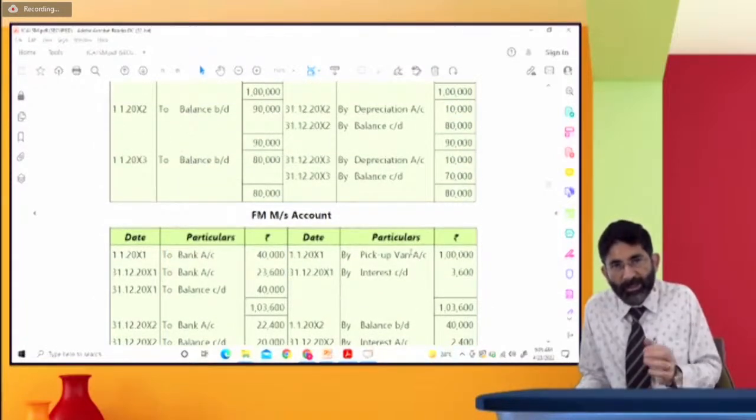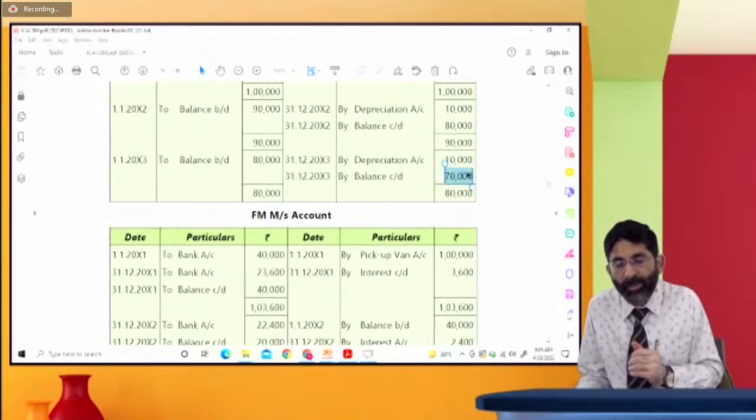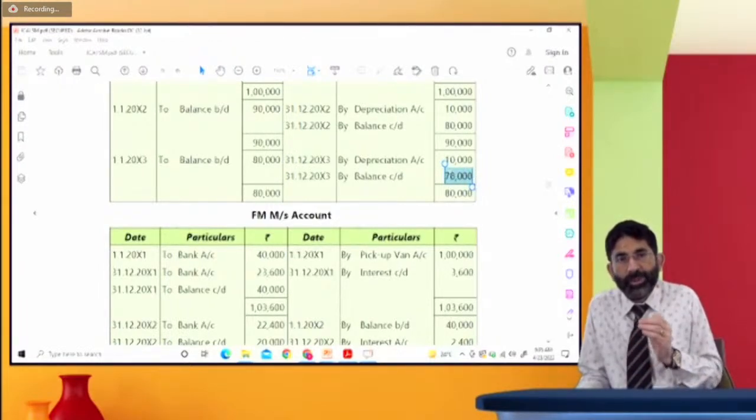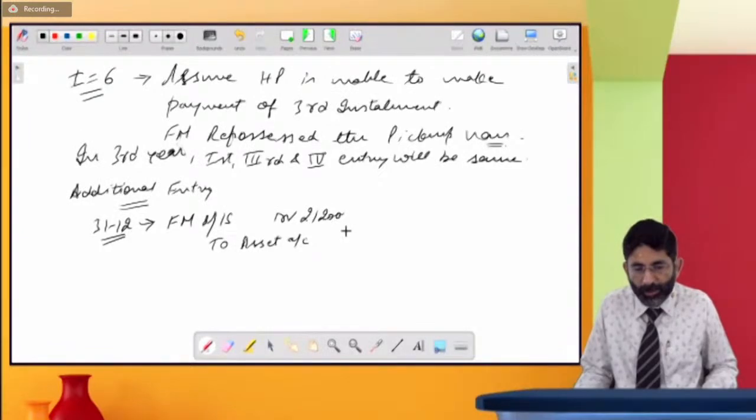In that case, he will take back the pickup van from us. Now the value of pickup van is 70,000. So we are going to suffer a big loss because an asset of rupees 70,000 is taken over against rupees 21,200 only.